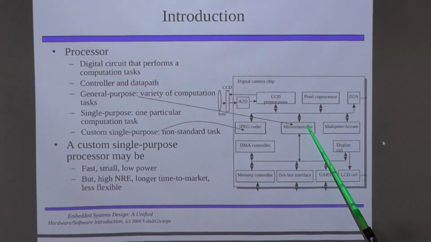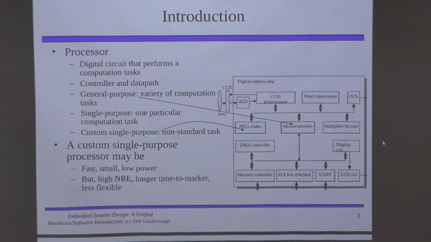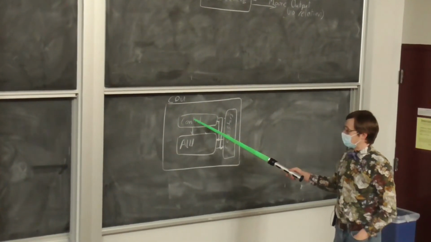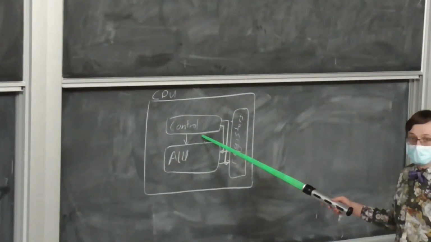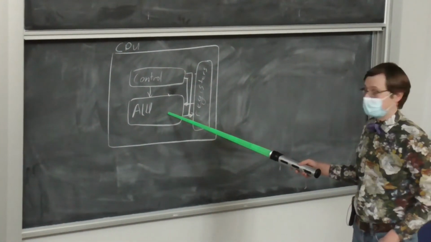So, as I stated over here, inside of the processor, we will have a portion of it dedicated to control and a portion of it dedicated to data path, right?